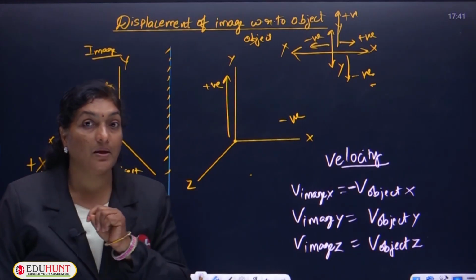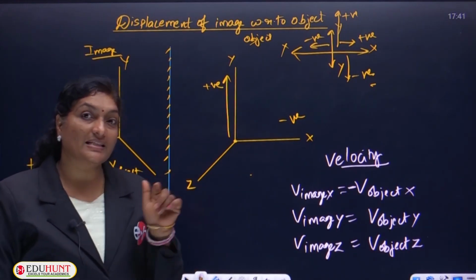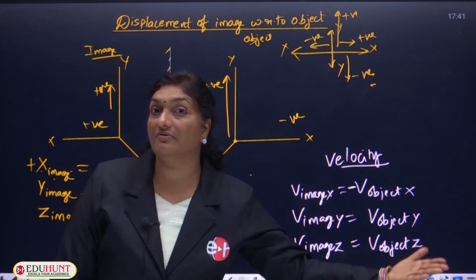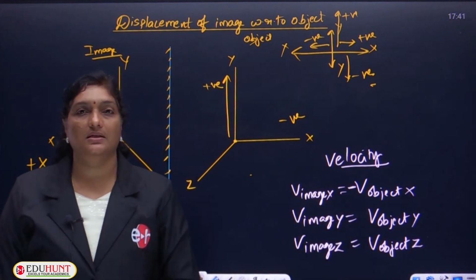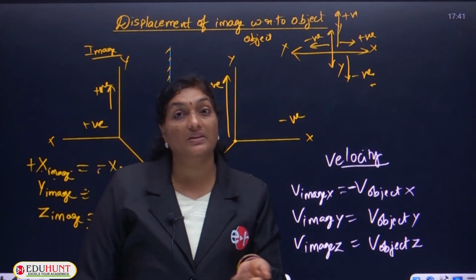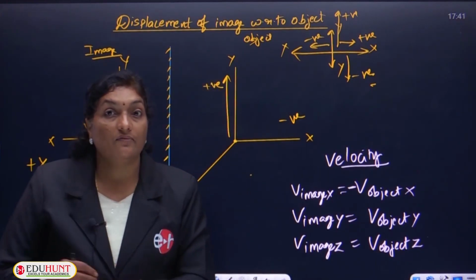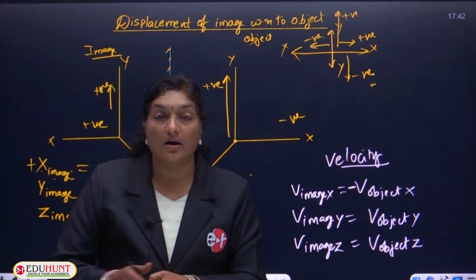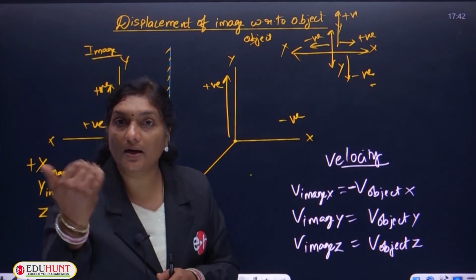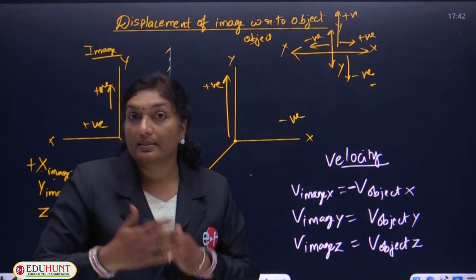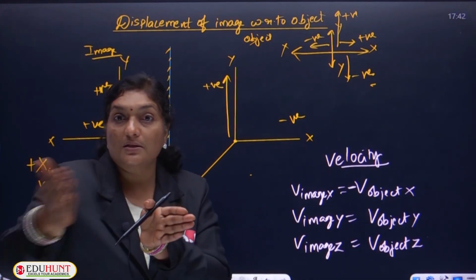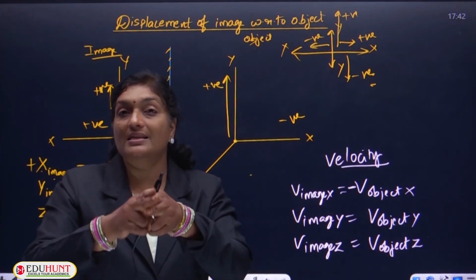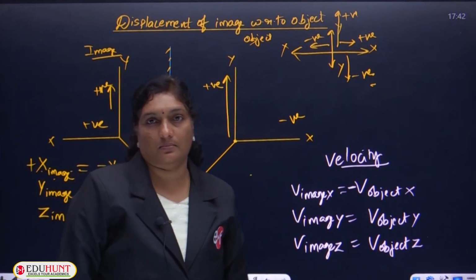But if the same observation is done with respect to the observer, the mirror is different and the observer is different. If the person moves with speed v, forward or backward, the image also comes forward and backward with the same speed v. That means when the person sees it, the difference he observes is 2 times.